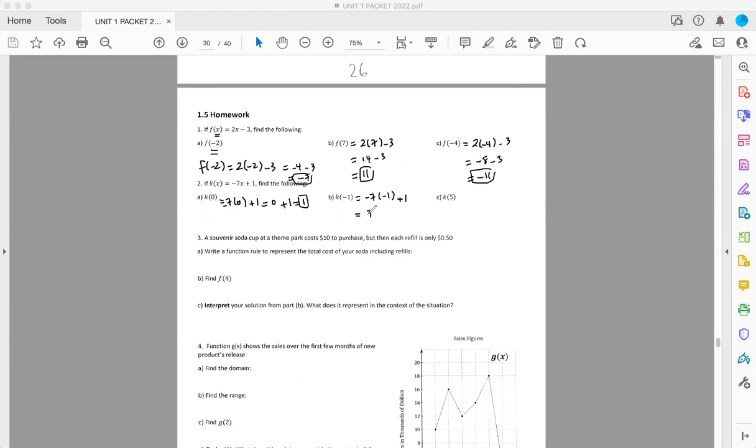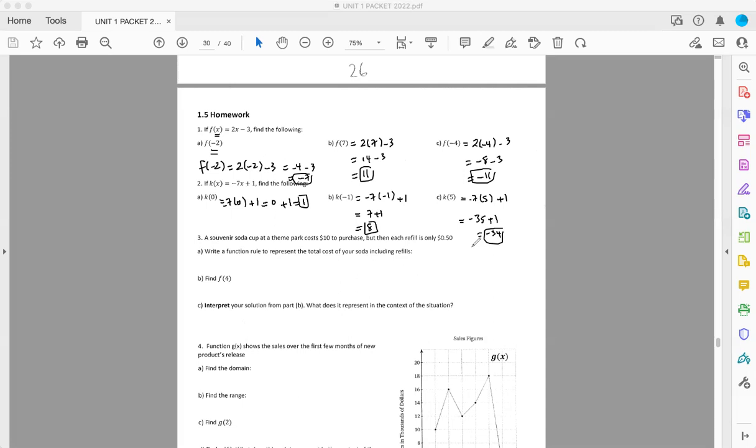Negative times a negative is positive, and then 7 plus 1 is 8. Okay, f of 5, negative 7 times 5 plus 1. Negative 7 times 5 is negative 35, plus 1 is negative 34. Okay, this should be straightforward.